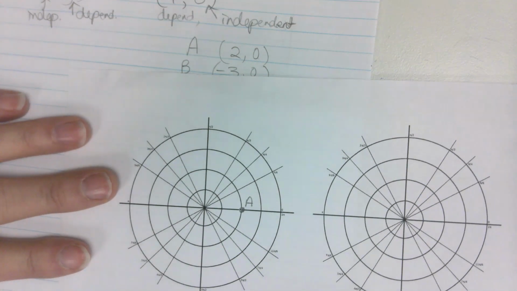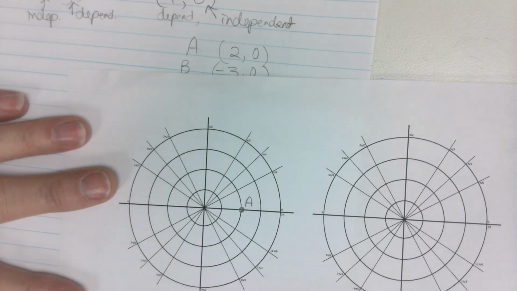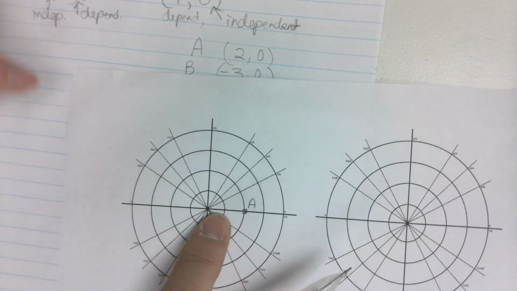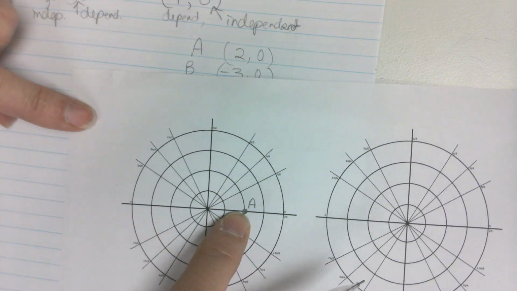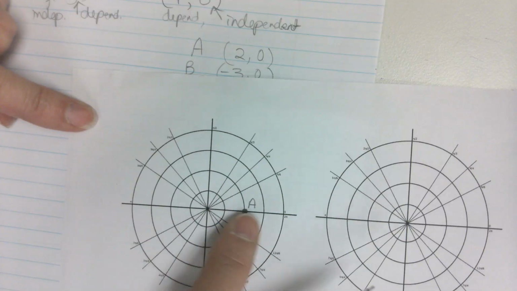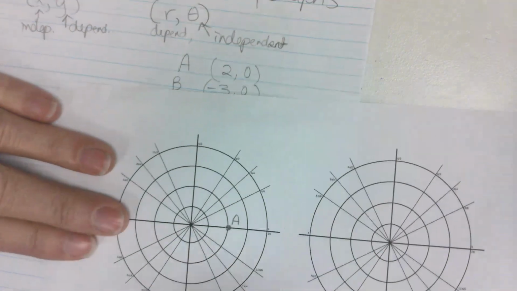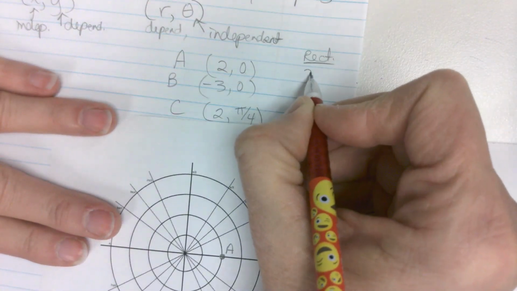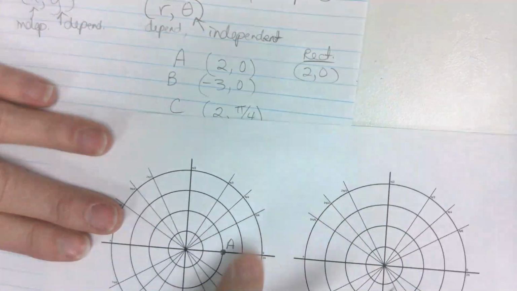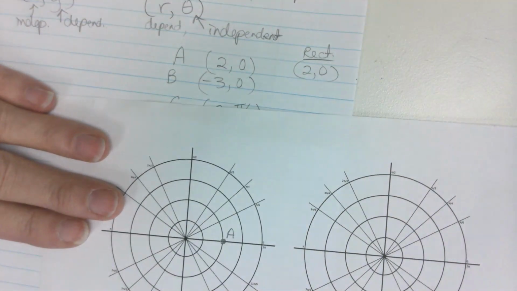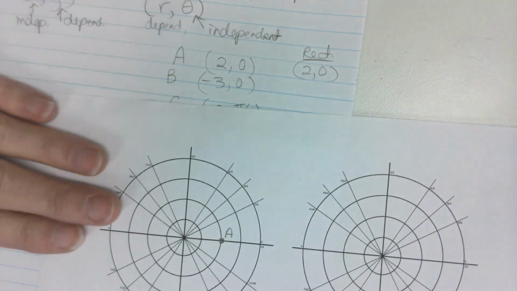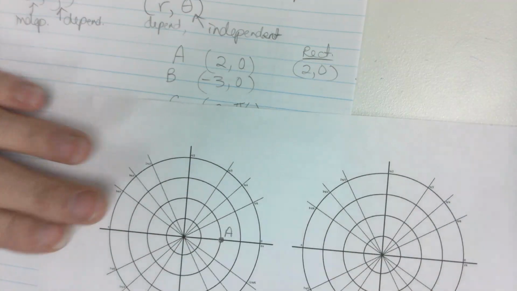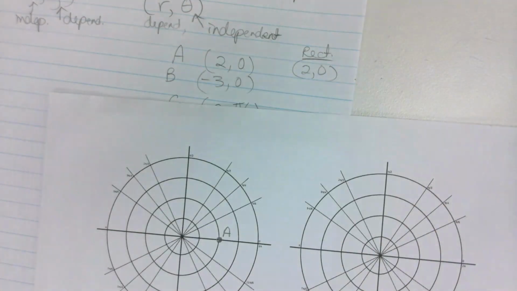The reason I think whoever made up the system didn't make it (0, 2) is that if I ask you the coordinates of A in rectangular coordinates, it would be right 2, up 0. That's why I think they did r, theta. Because on the 0 line, it looks the same as rectangular.